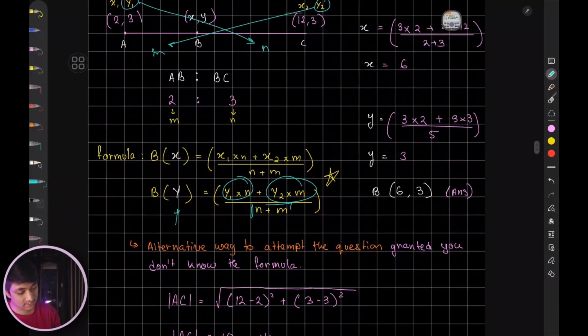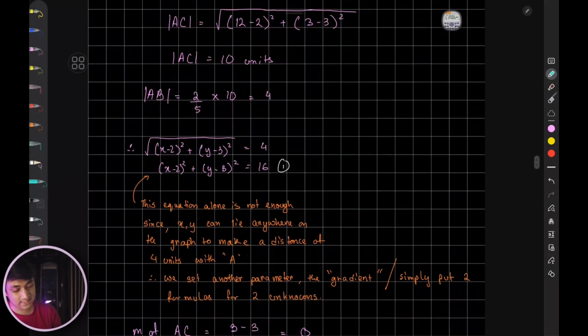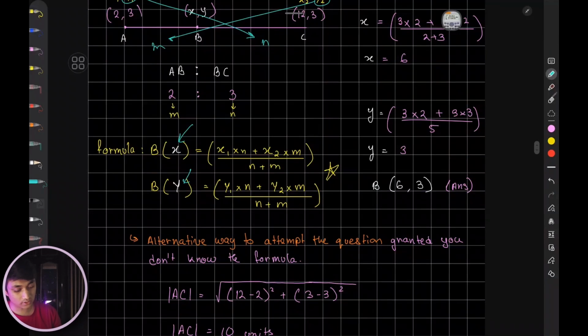And then divide by the sum of the ratio, which is 5 in our case. So that is how you find out the coordinates of B. So the first one you found out the x coordinate. Second one you found out the y coordinate. One calculation for the x coordinate, another calculation for the y coordinate. Very simple. Great.